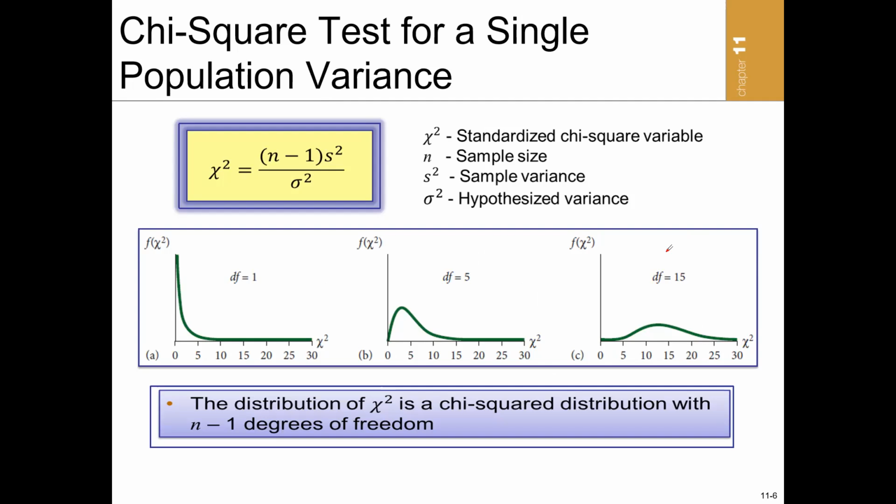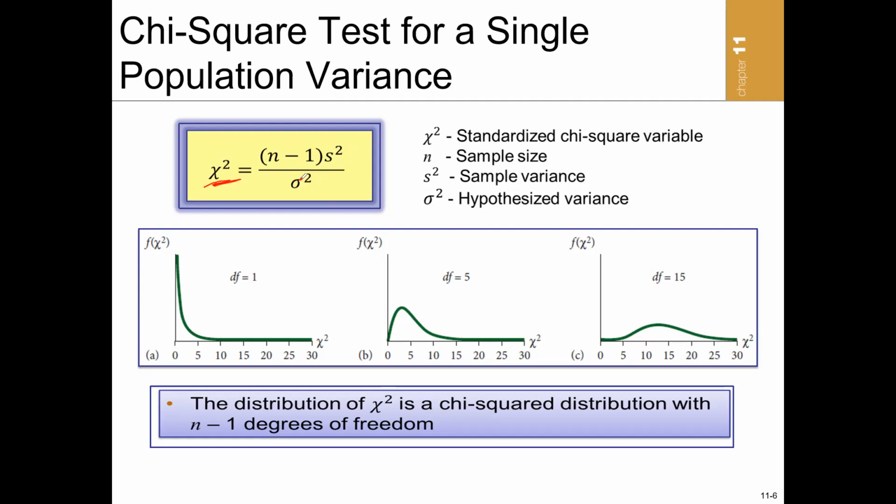So if you want to compute the chi-square to compare with the critical chi-square, there's a formula. Chi-square is equal to the sample size minus 1, bracket close, times the sample variance, okay? Remember, standard deviation squared is variance. So sample standard deviation squared is called sample variance, all right?